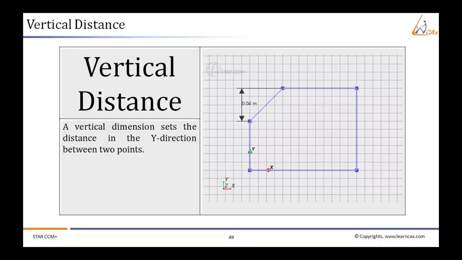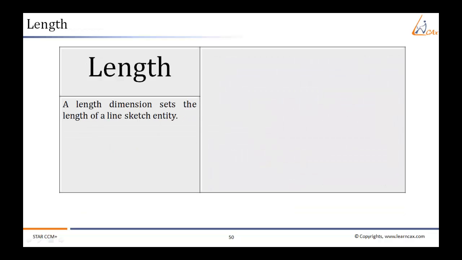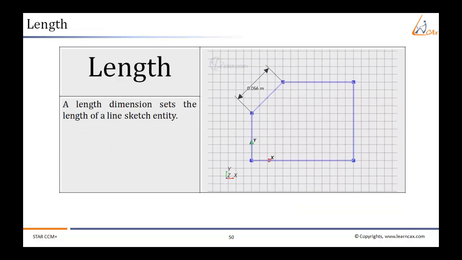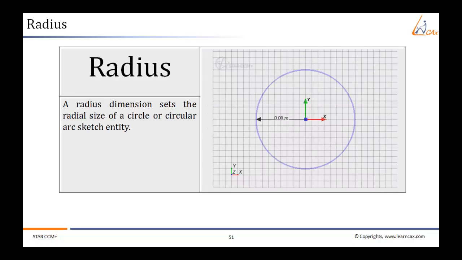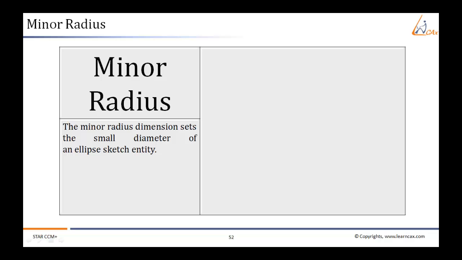The length dimension as shown in the figure specifies the length of a line sketch entity. The radius dimension as shown in the figure is used to set or specify the radius of a circle or circular arc. Minor radius is another variant of the radius dimension tool.